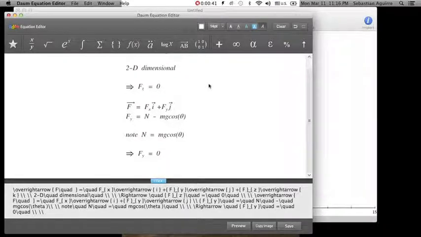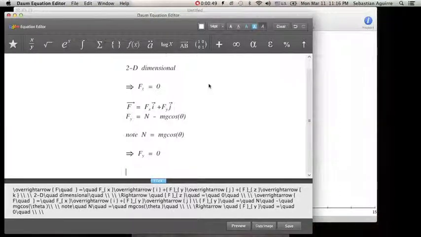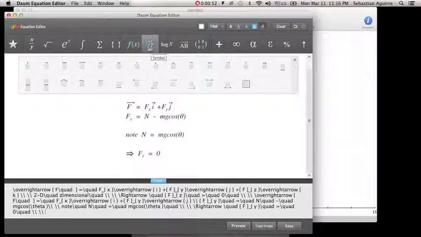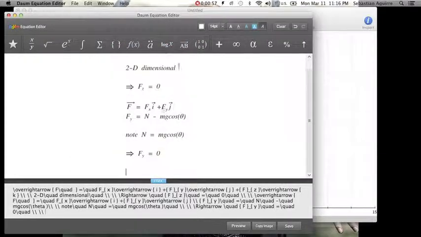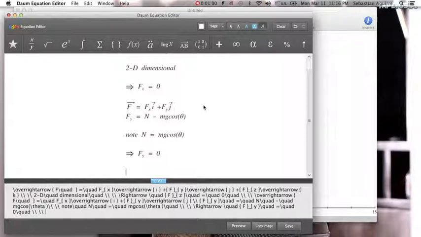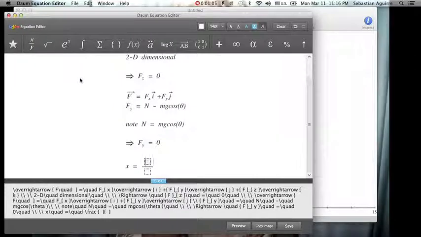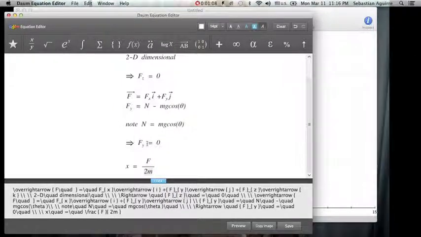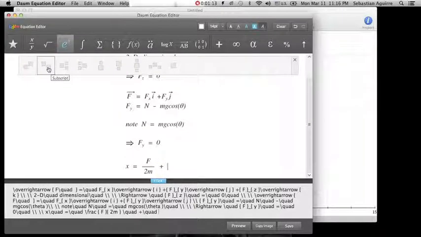And so now we have to go back to the second law that we toyed with. If I recall right, it looked something like x equals the force over 2m times t squared, plus, and we're going to look at the previous derivation, v naught t.